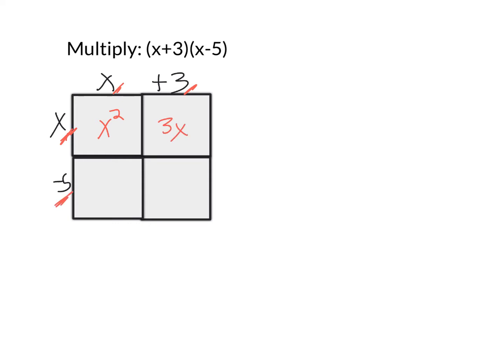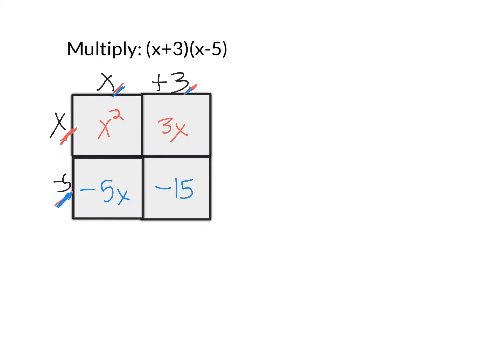Negative 5 times x is negative 5x. And negative 5 times a positive 3 is negative 15. Now, yes, I know this is not a special product, but I'm just reviewing the multiplication with you.